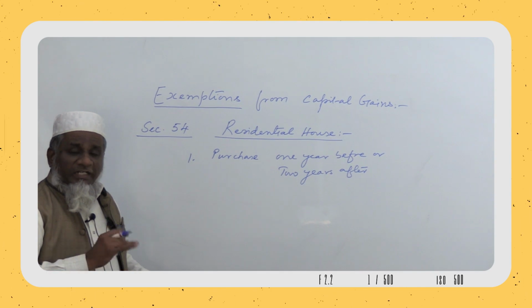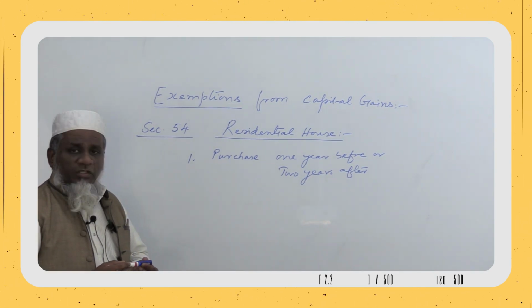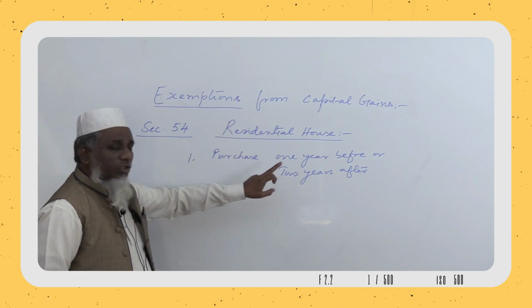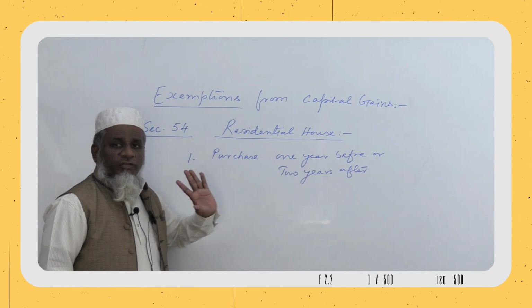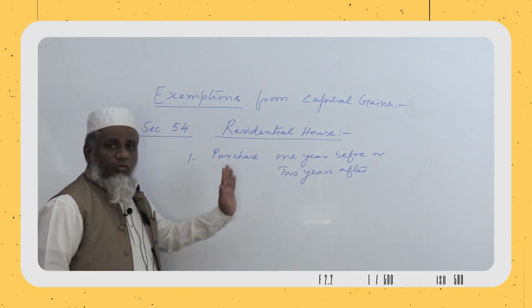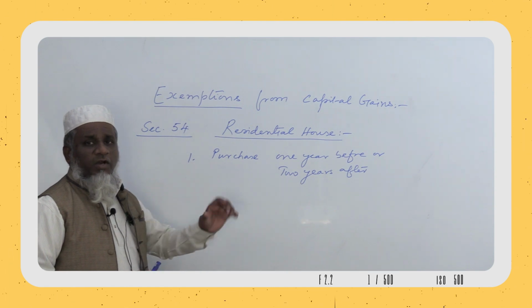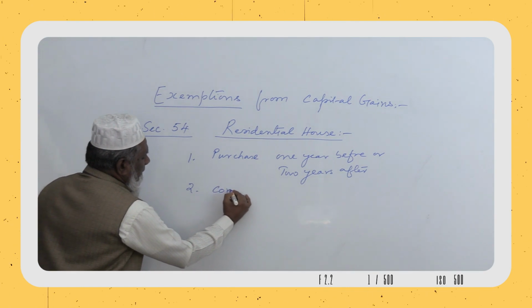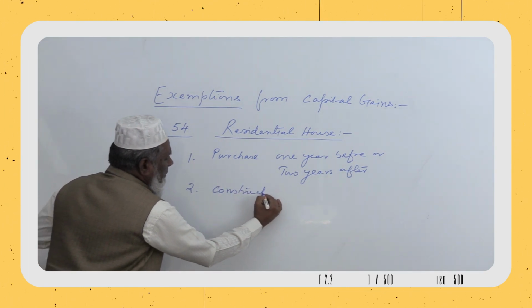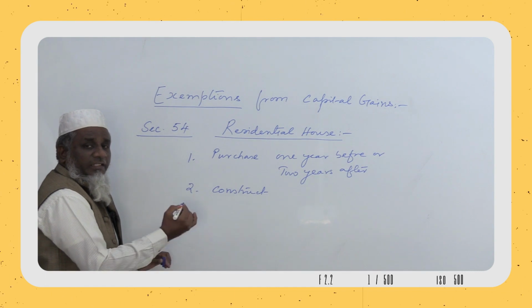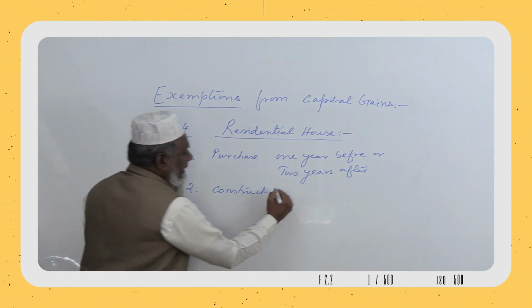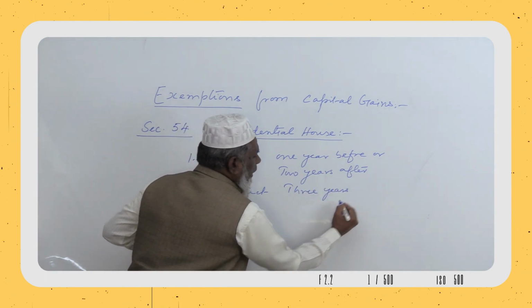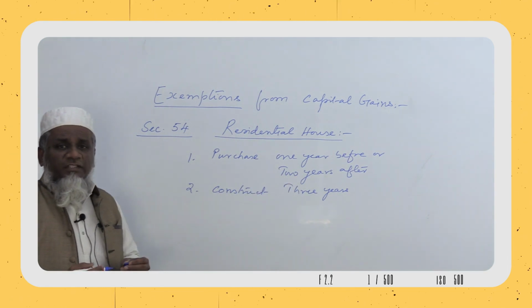When the assessee purchases another residential house 1 year before the date of transfer or 2 years after the date of transfer, he is eligible to claim exemption. That's the first point. The second is to construct. Either he can purchase or he can construct another residential house. For construction, it is 3 years after the transfer is made.